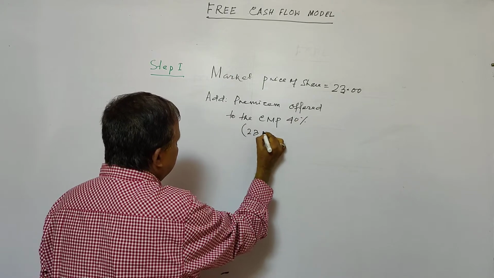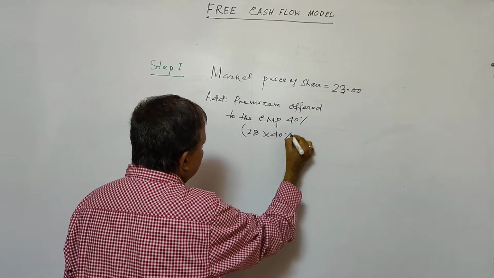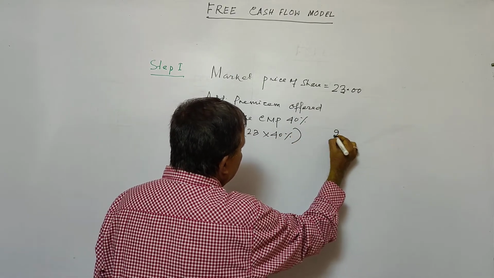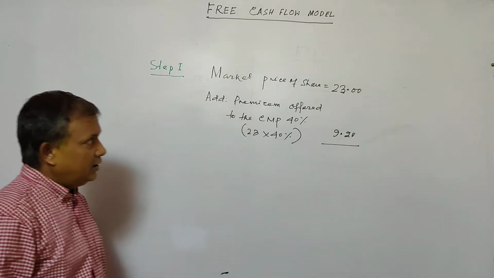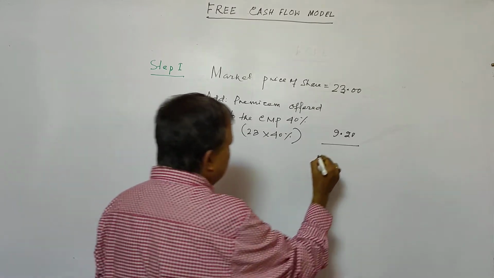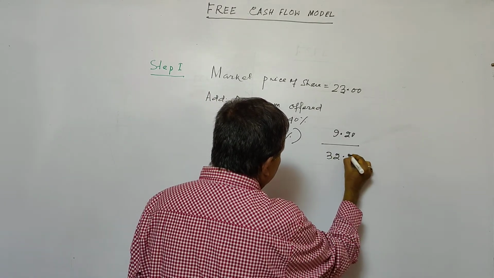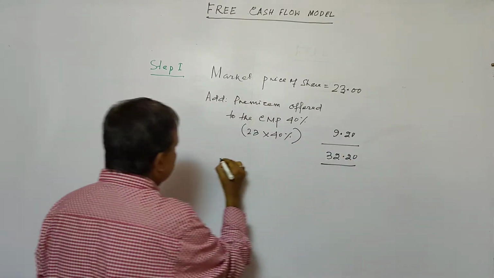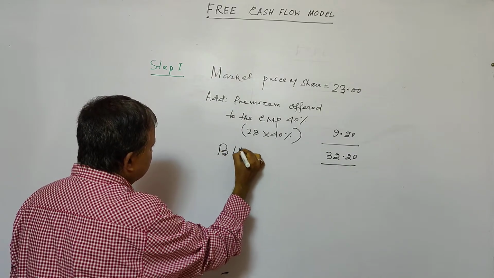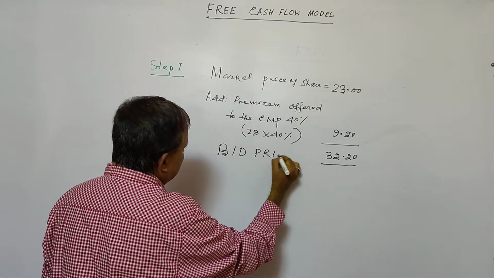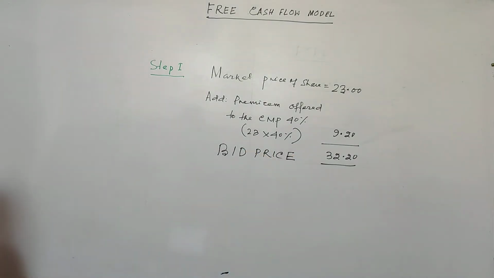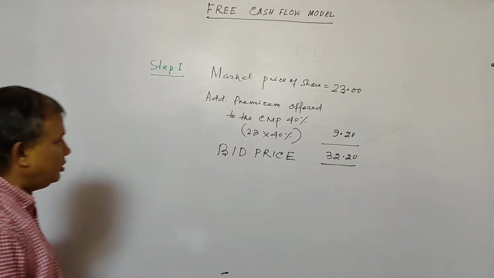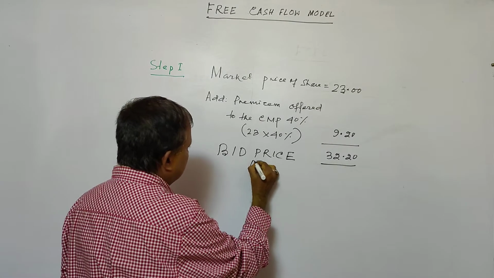So 23 into 40% comes to 9 rupees 20 paisa. So the total comes to 32.20. This is called your bid price. This is the price determining the present purchase consideration, 32.20 per share.